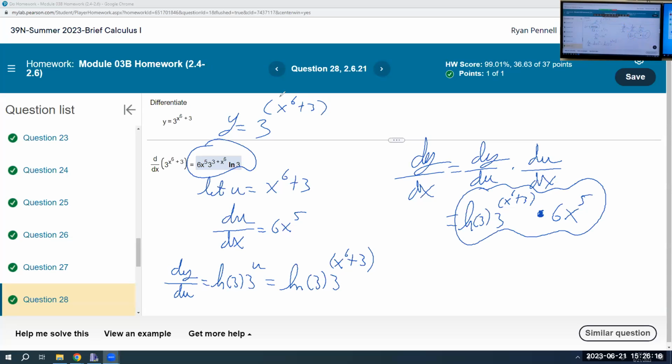Questions, comments about it? Any questions? So it's really just, I mean, we're just tacking on the derivative of the exponent. And then we have to remember the natural logarithm of the base. Hopefully that's okay.